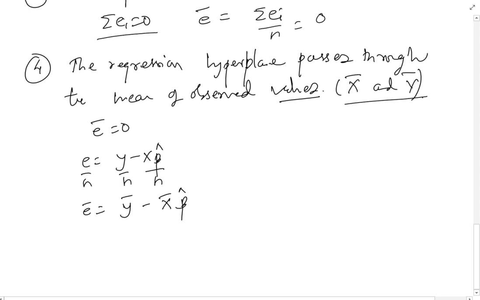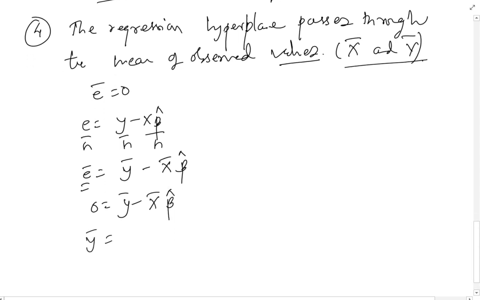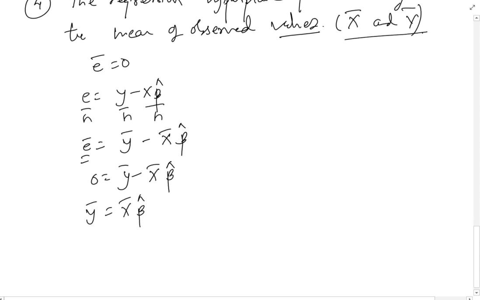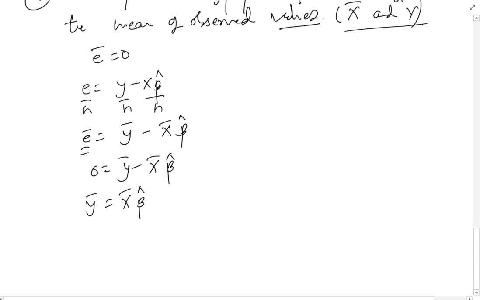And since we know that e bar equals 0, y bar equals x bar beta hat. This shows that the regression line will pass through y bar and x bar.